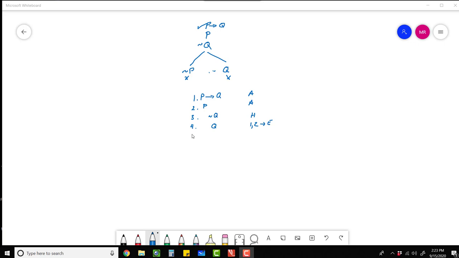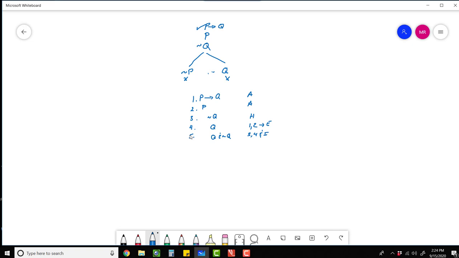But what the rule requires us to do, and this is extremely important, is to conjoin the two contradictory propositions. So we have to actually write Q and not Q, and that's by 3, 4, conjunction introduction.